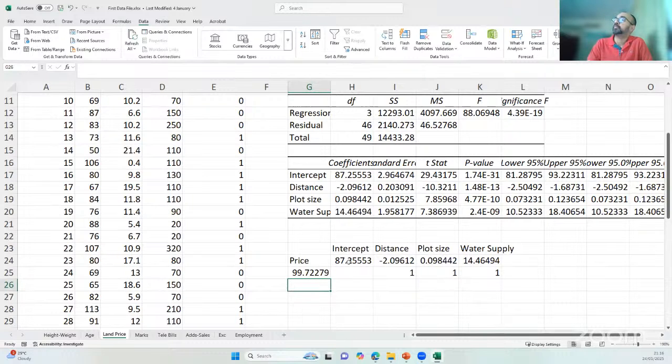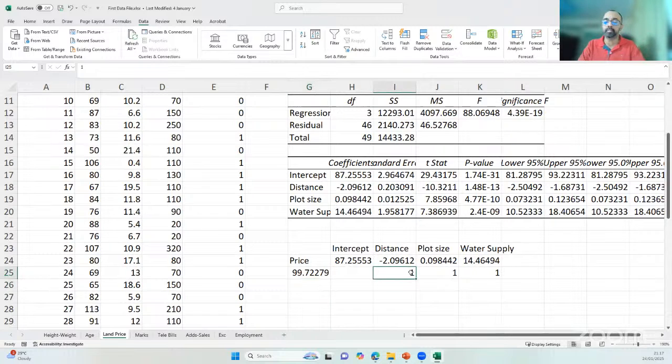The intercept is the place where all variables are zero. Assume this is a 2-dimension, 3-dimension, then 4-dimension model actually. So when distance, plot size, and water supply are all 0, that is the value.